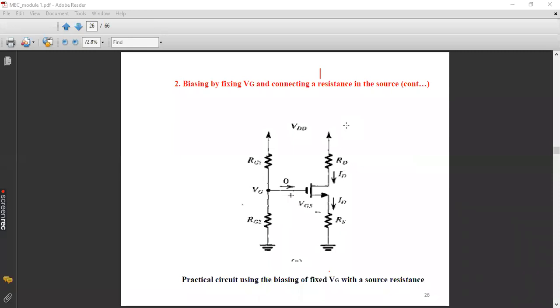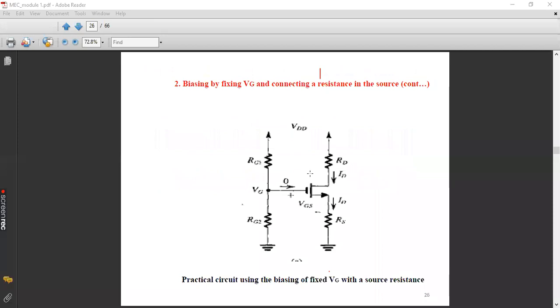Now, I've been telling you that you have to fix VG, fix VG, fix VG. But how are we going to fix VG? Practically, we will not be able to use a separate DC source. Again, the circuit complexity will increase. In the introduction class, I told you all these circuits you are going to fabricate inside one silicon chip, integrating all these complicated circuits inside an IC.